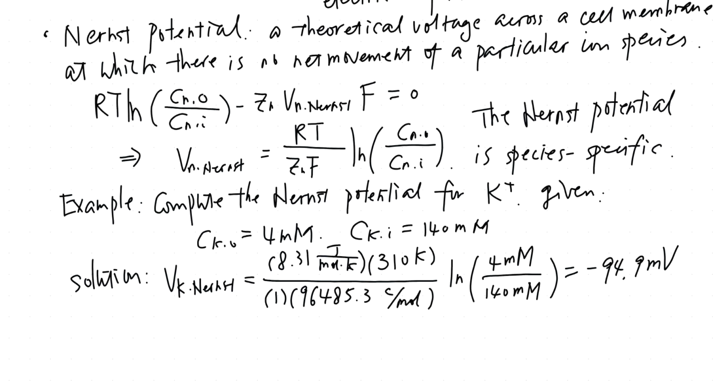You need to be that negative in order to balance, because otherwise you can see potassium is highly concentrated within the cell. So the potassium, just by the concentration difference, like chemical potential difference, would like to leave the cell. And if you have negative charge inside of the cell, then the negative charge can hold on and grab them, and then they can counteract. So this is the amount of negative charge that can counterbalance the potential difference.